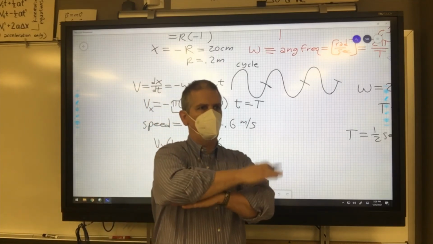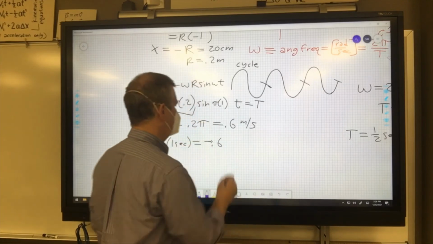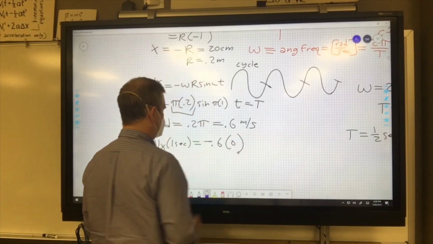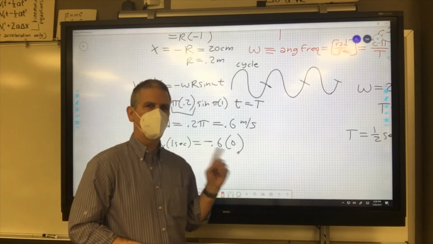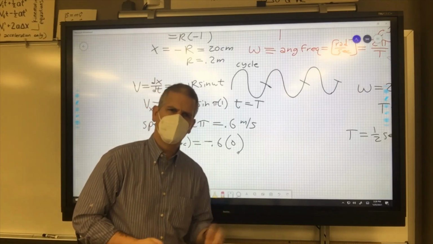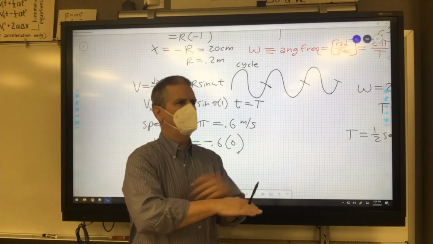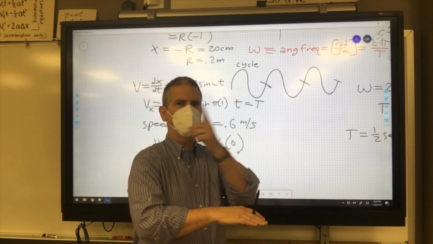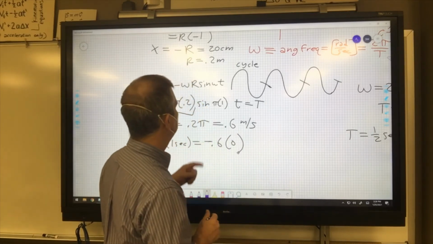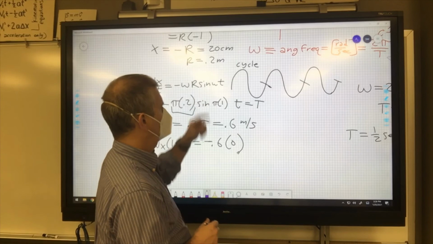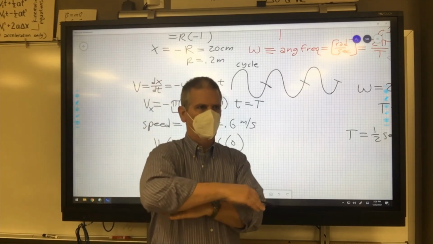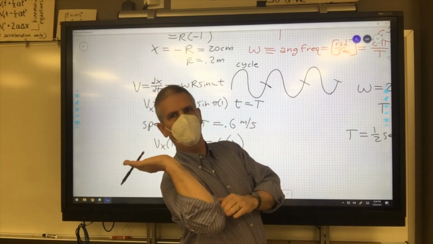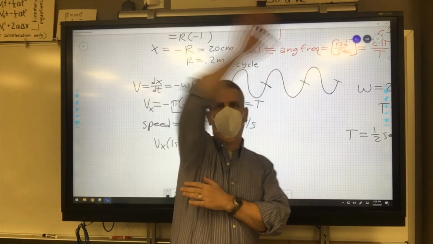The sine of 180 degrees is 0, which says at 1 second, its x component is 0. Does that make sense? Remember, it goes pi radians per second, so in 1 second it goes from here to there.